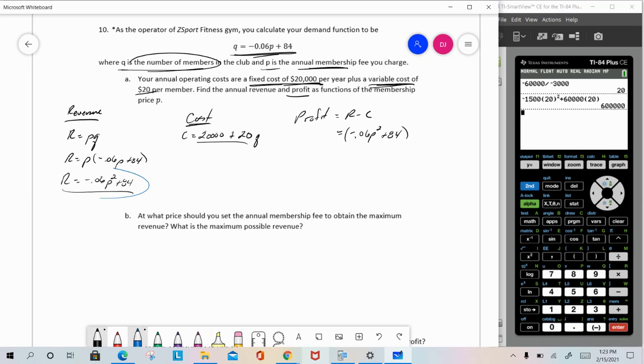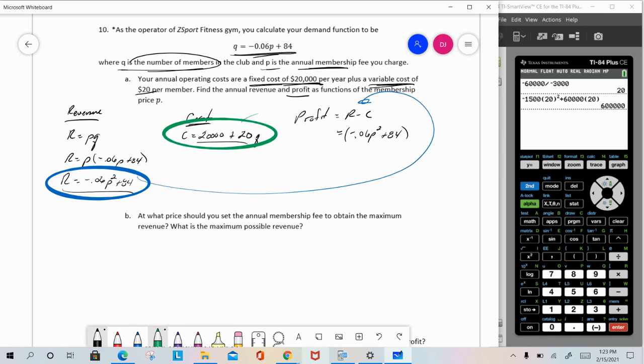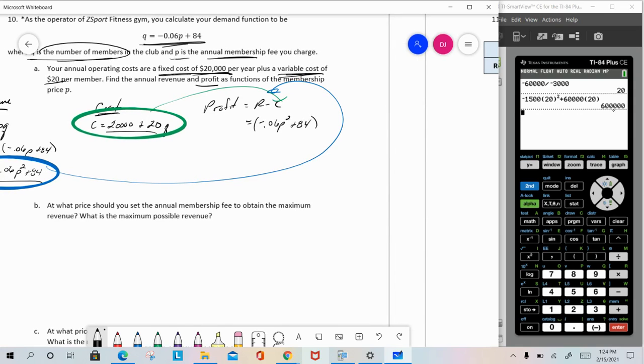So I'm going to substitute my revenue for R. I'm going to substitute my cost for C. Now Q, remember, is negative 0.06p plus 84. So I've got negative 0.06p squared plus 84 minus 20,000.